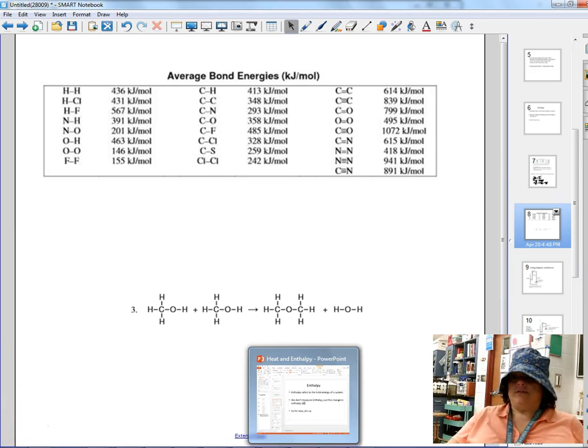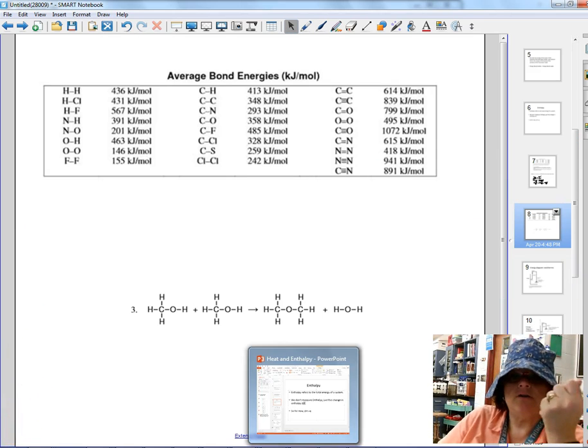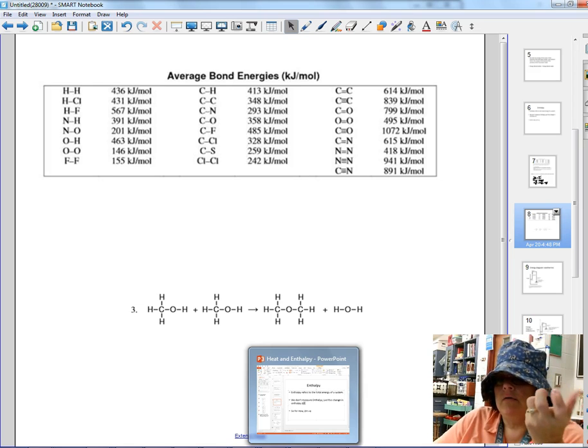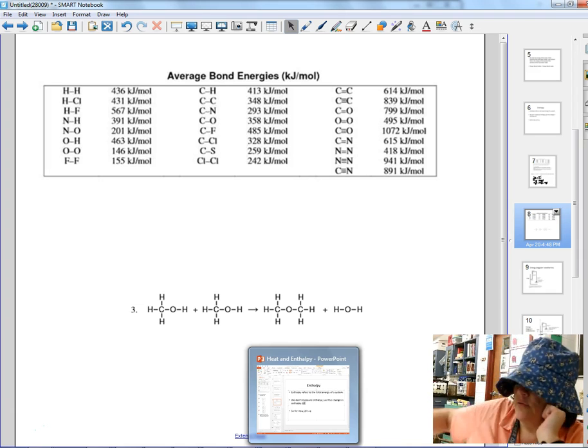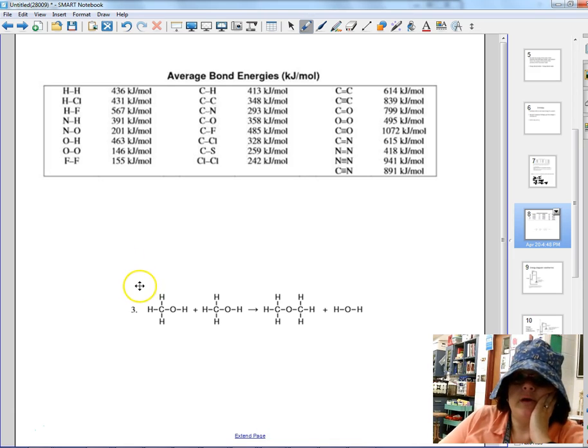You'll notice, the last one, I drew out the molecular formulas, the Lewis structures, if you will. This one's already drawn out for you. You have CH3OH, this is methanol.